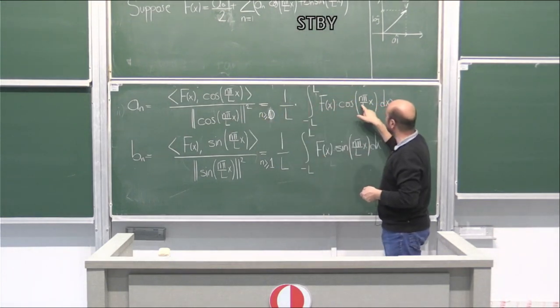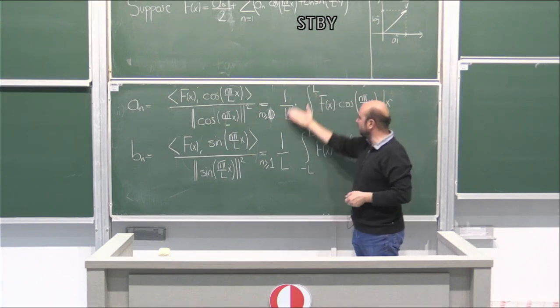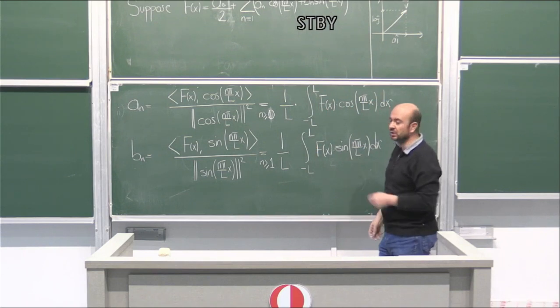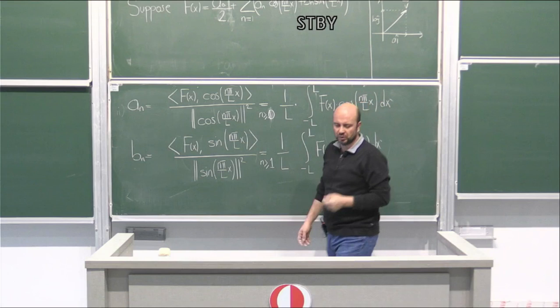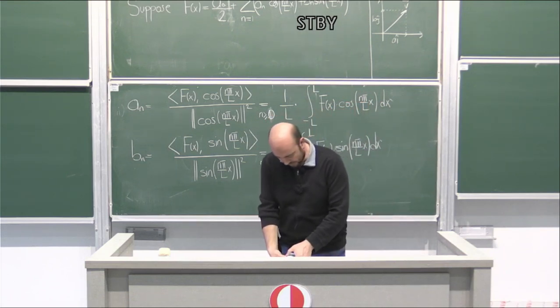When n is 0, we are integrating from minus L to L, dividing by L, but in the Fourier series we write a0 over 2. Okay, that's what we have. All right.